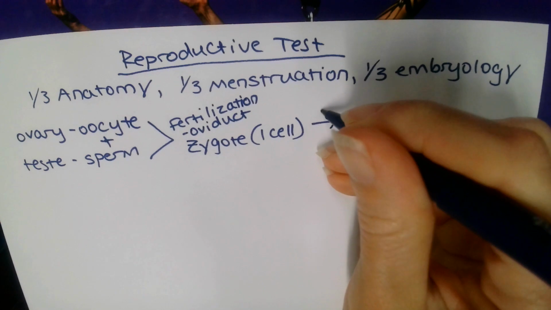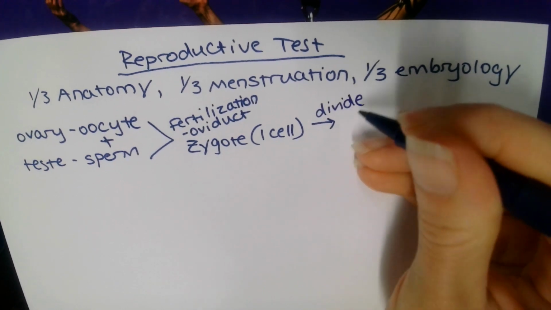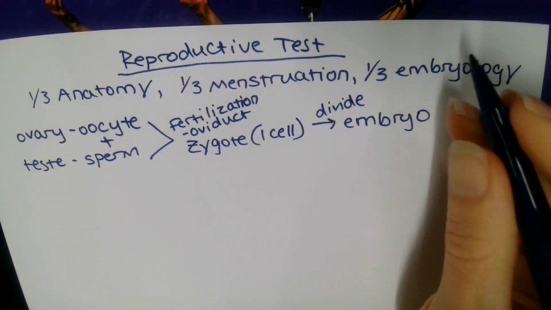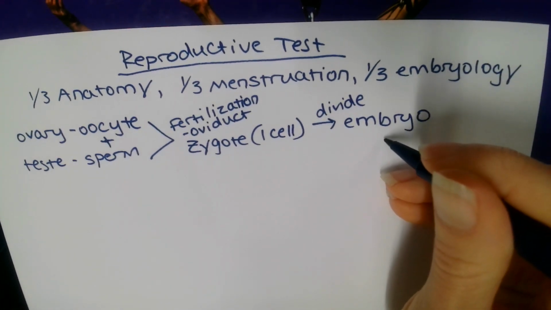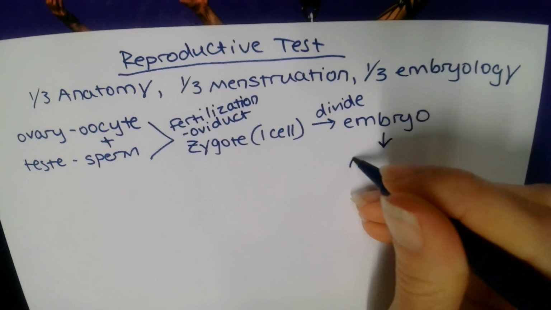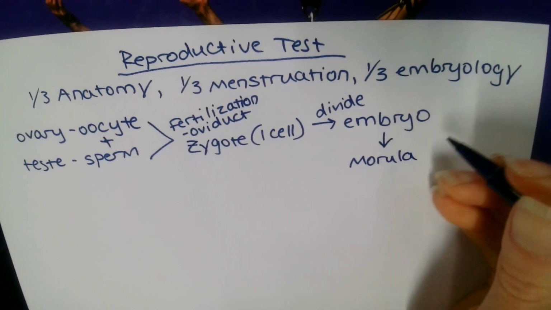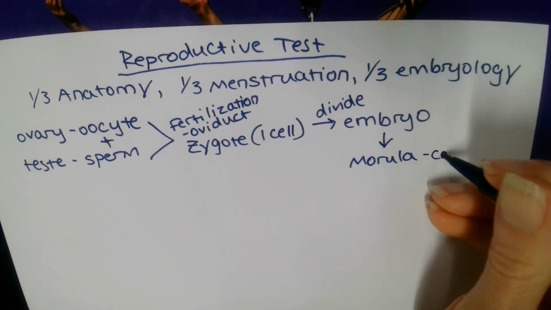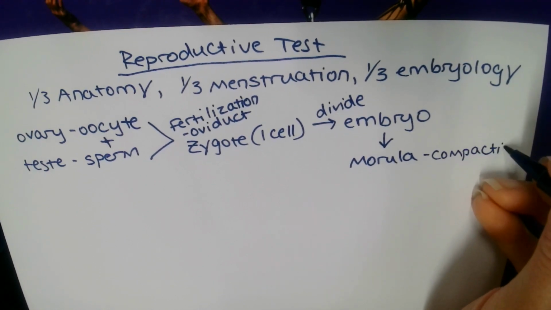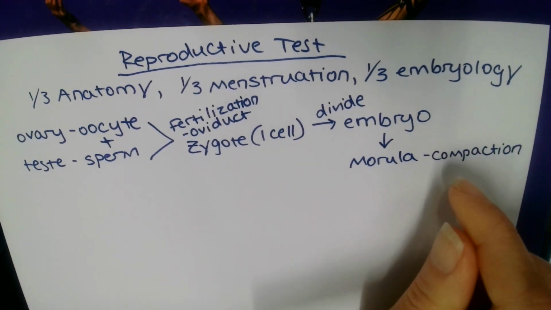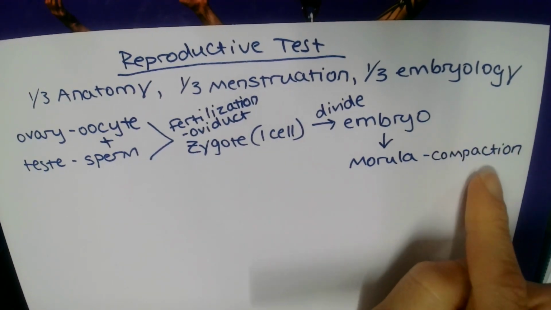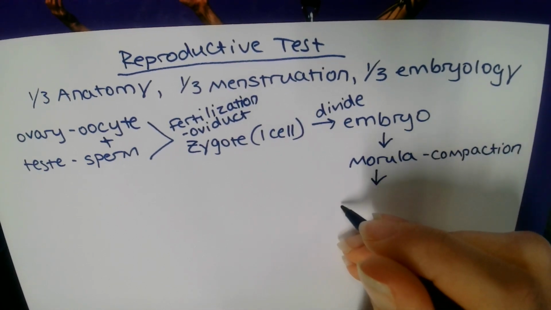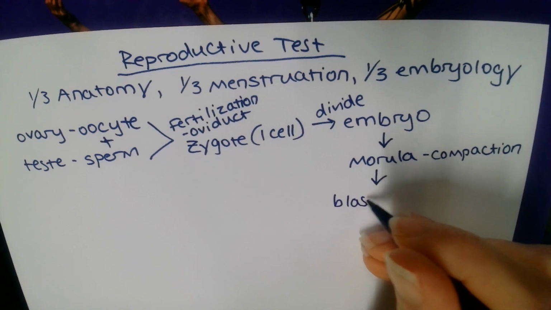That is going to divide and become an embryo, which is two cells. That's going to divide a couple times and become a morula, the Latin word for mulberry. That undergoes a process called compaction, where those cells bind together with tight junctions to become one entity. It's going to divide more and become a hollow ball of cells called a blastocyst.